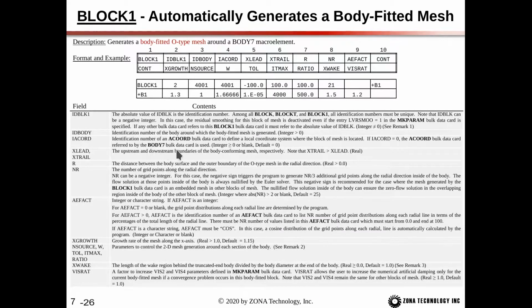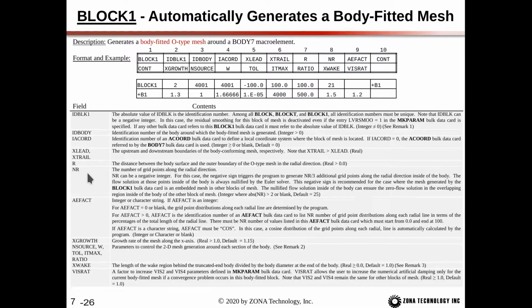IA chord refers to the A chord bulk data card, which is the local coordinate system where this block of mesh is generated. Next, we have X lead and X trail, which are the upstream and downstream boundaries of the body conforming mesh. R is the distance between the body surface and the outer boundary of the O type of mesh in the radial direction. So it's kind of the radius of the block 1 card.